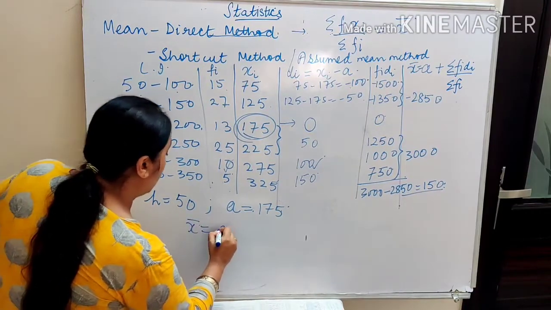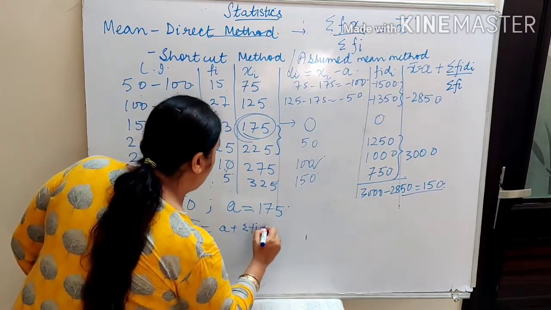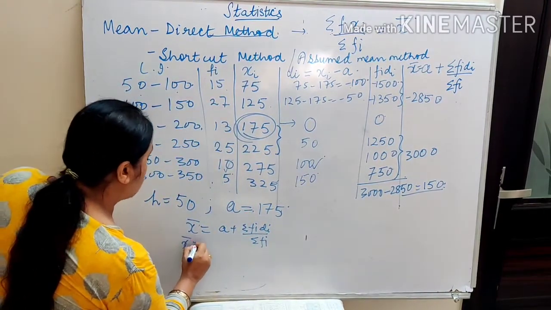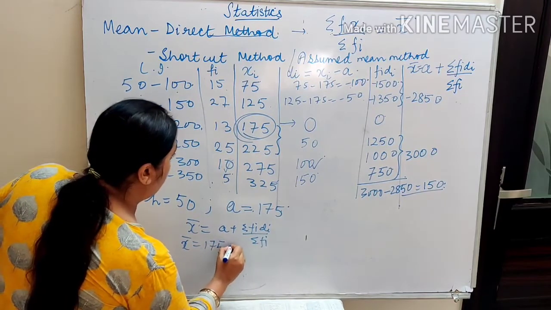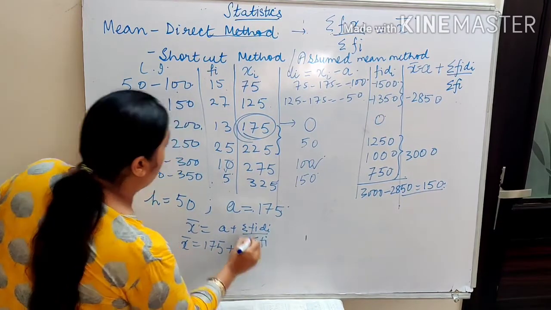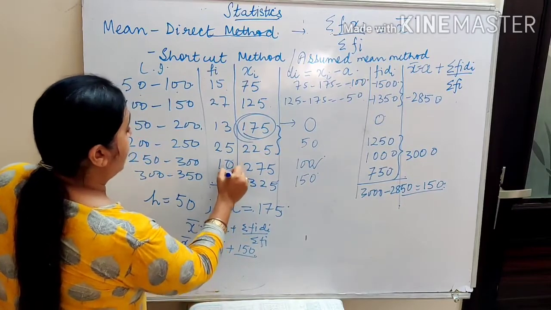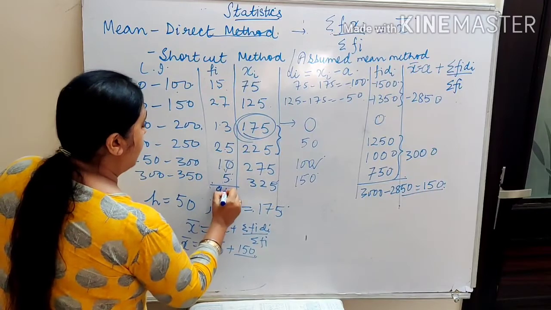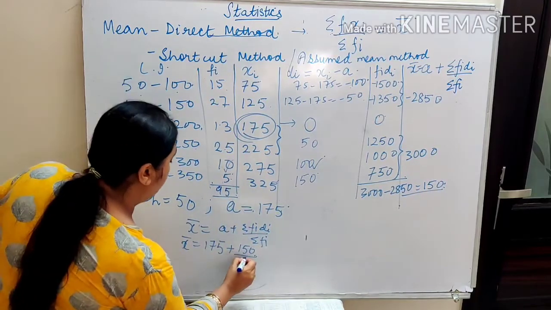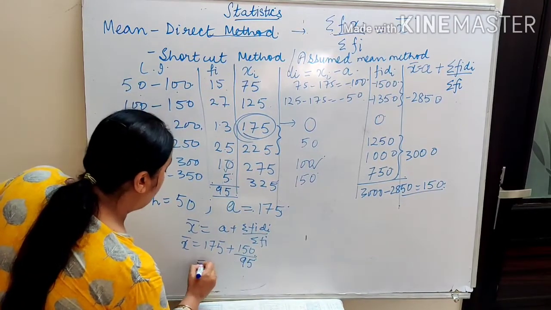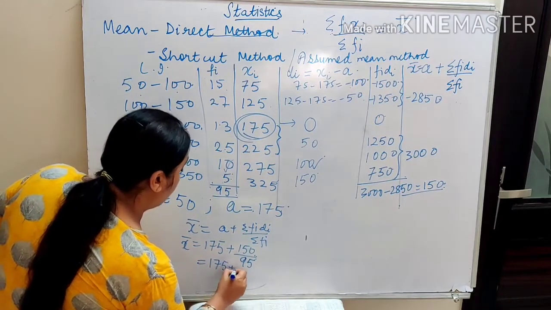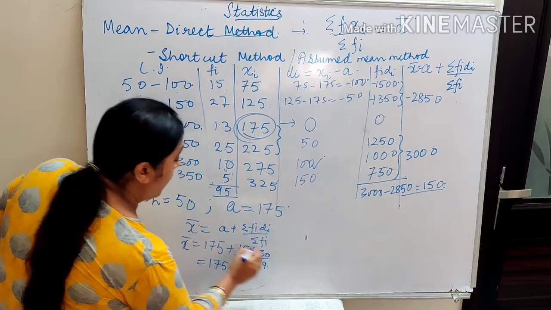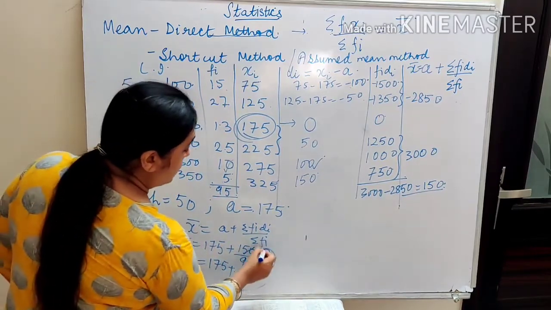X mean is equal to A plus summation FiDi upon summation Fi. Right? So X mean is equal to 175 plus 150 upon the total, which is 15 and 25, 40, and 40, 80, it is 95. Divided by 95. Again, what is the trick I told you, that 19, 30 upon 19 has come, you have to solve it separately.